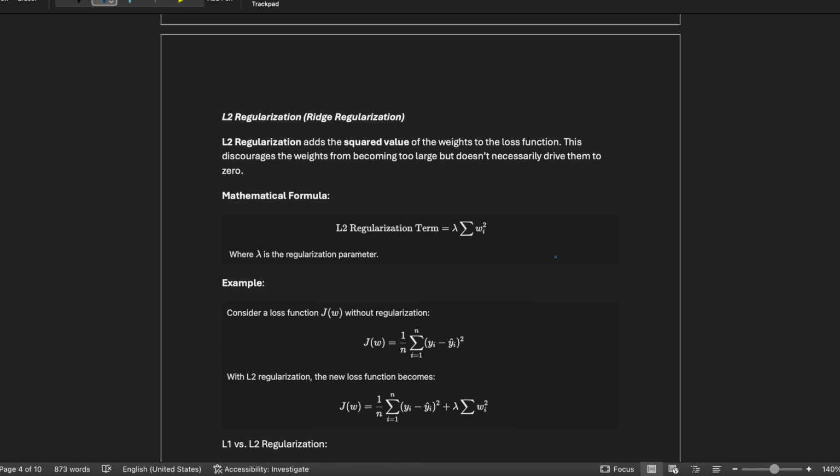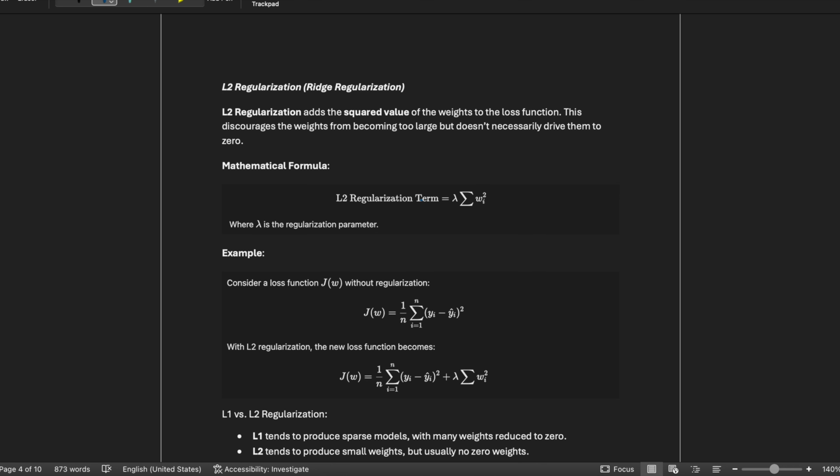But in L2 regularization, the values of the weights become very low and tend to zero, but they are not exactly zero. So basically, this is the difference between L2 regularization and L1 regularization.